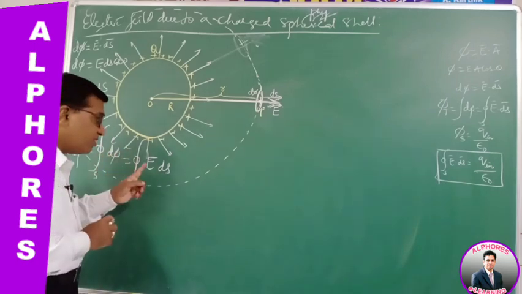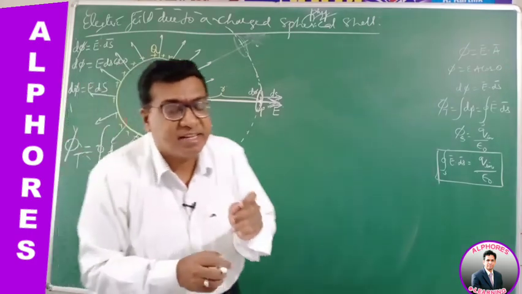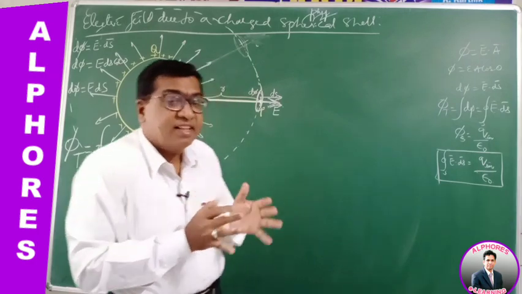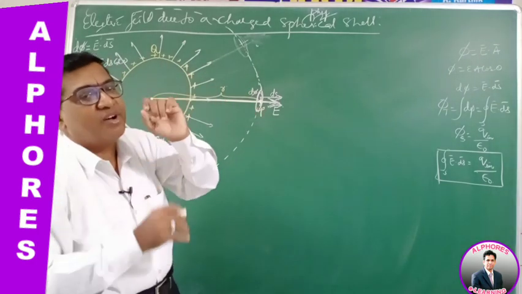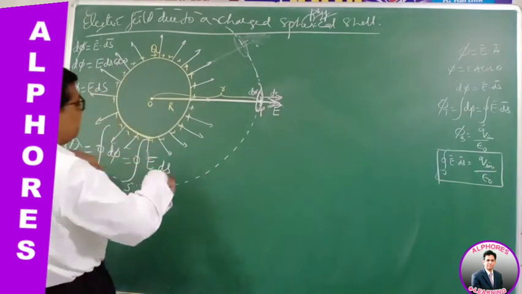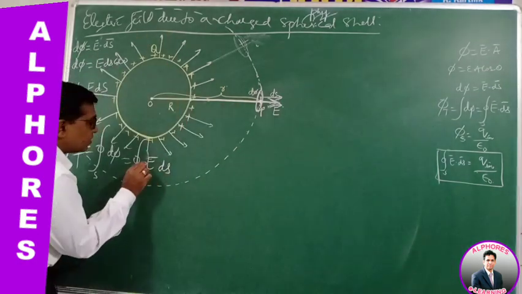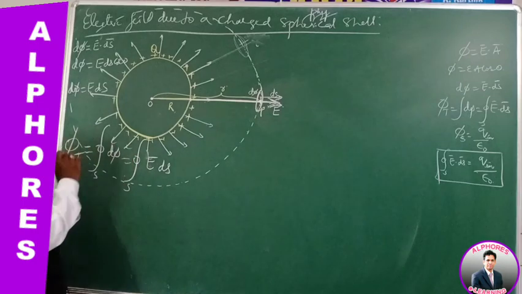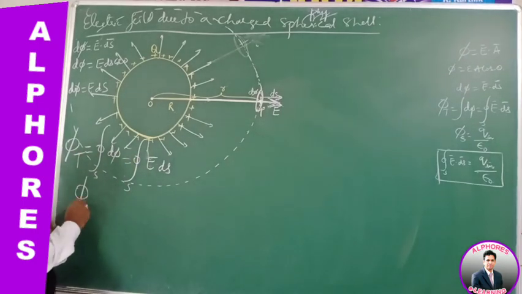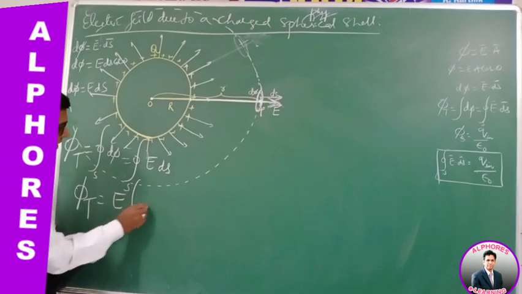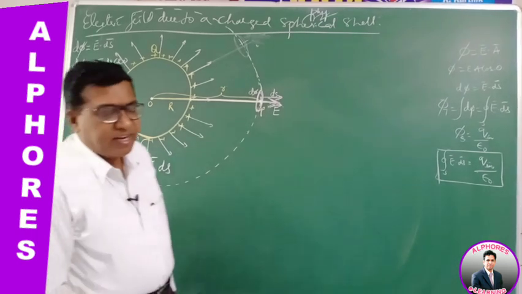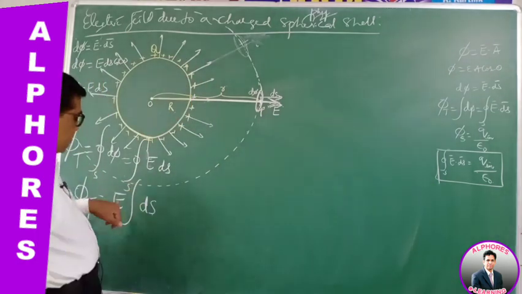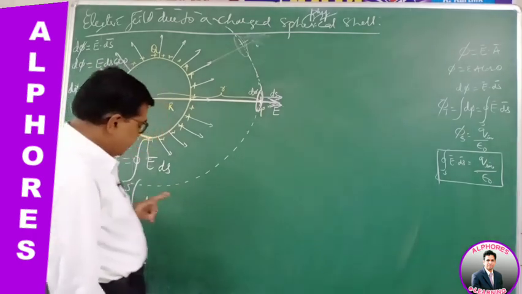I have taken the Gaussian surface in such a manner that its shape is symmetrical to the shape of the given charge, such that the magnitude of the electric field at all the points on the Gaussian surface is the same. This is a constant, so I can take the constant out of the integration. So the total flux through the Gaussian surface is E integral ds. Since the electric field intensity has the same magnitude, E being a constant at all the points, I have taken it out of the integration.